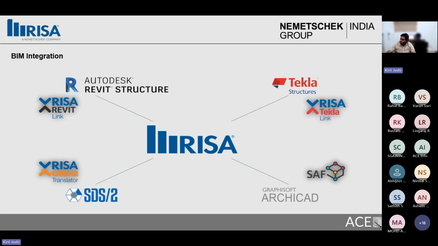Integration is basically achieved through the links which come within the RISA software. For example, if you want to integrate a Revit model into RISA, you can use the RISA Revit link. For Tekla, you can use the RISA Tekla link. And for SDS2, you can use the RISA CIS2 translator. In this way, you can integrate any model into RISA 3D.